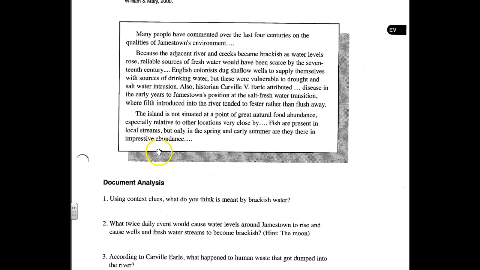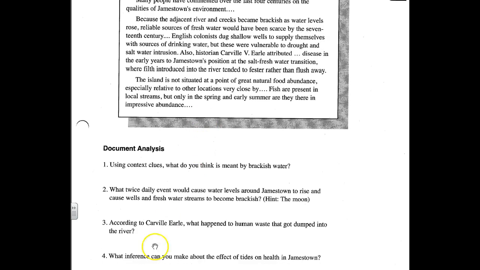Also, question 2 is going to ask, what twice daily event would cause water levels around Jamestown to rise and cause wells and freshwater streams to become brackish? Hint, think of the moon when answering question 2. Question 3 asks, according to historian Carville Earle, what happened to human waste that got dumped into the river? Again, you're going to look first in the document to answer that question.